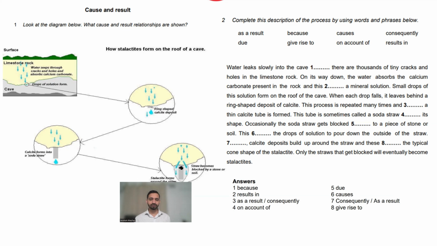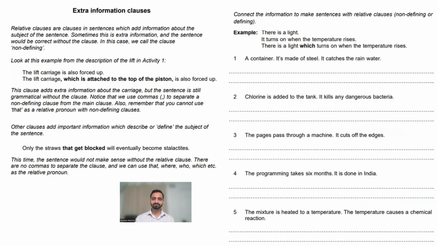Consequently, as a result of, you can use both, calcite deposits build up around the straw, and these give rise to the typical cone shape of the stalactite. Only the straws that get blocked will eventually become stalactites. All right, let's move on to the next activity.